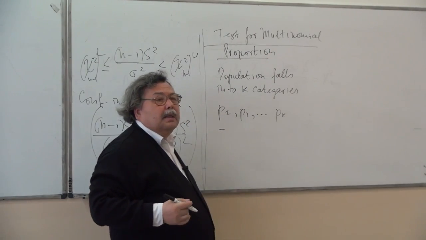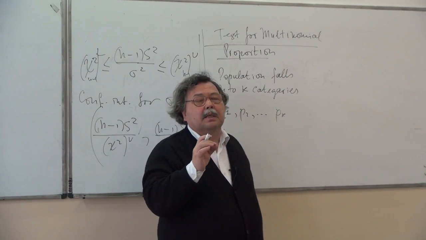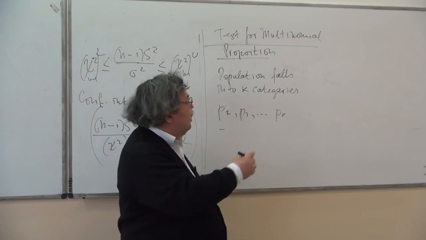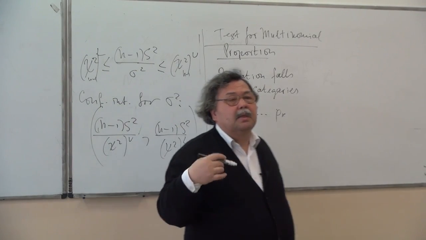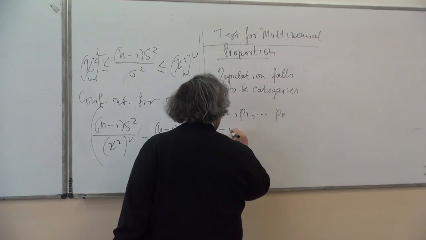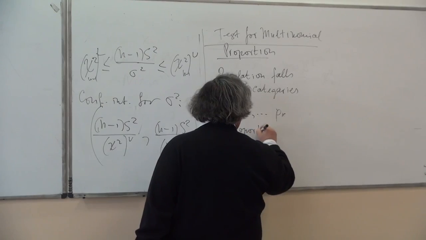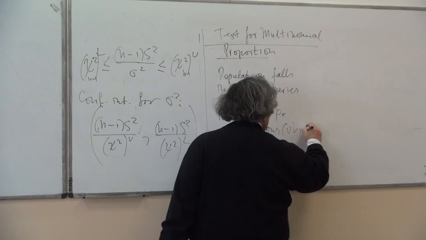This is the proportion of the members in this population that belong to category 1. This is the proportion of the members that belong to category 2, and so on. So these are the proportions that are unknown.